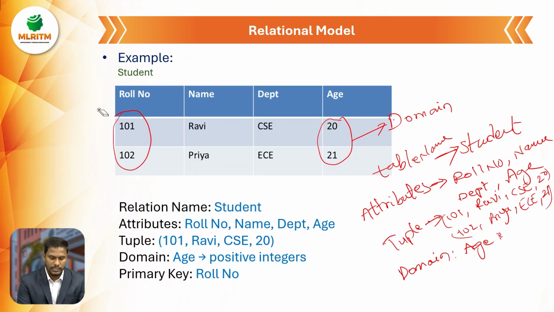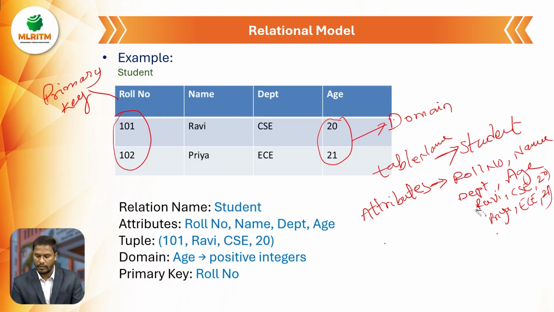So this is called primary key. It should be unique and it should not be a null value.